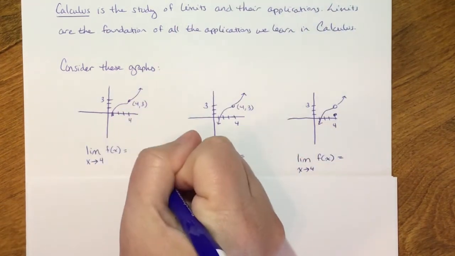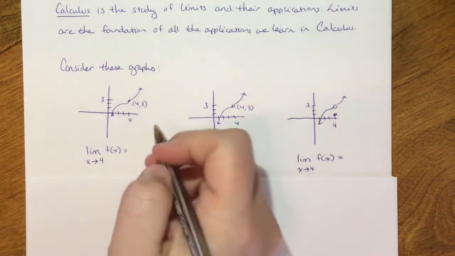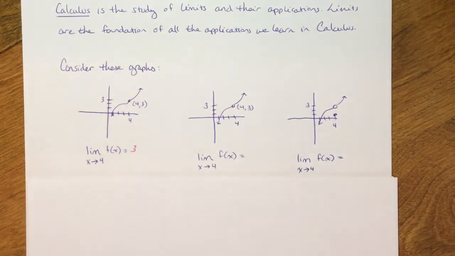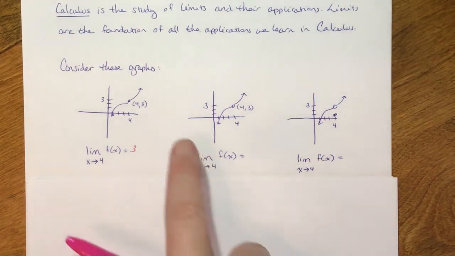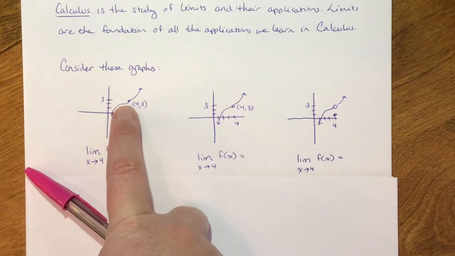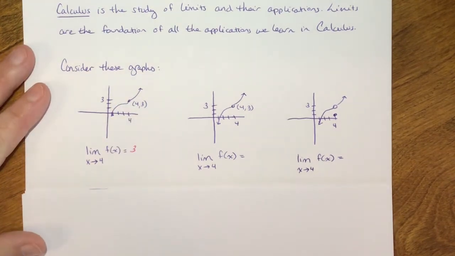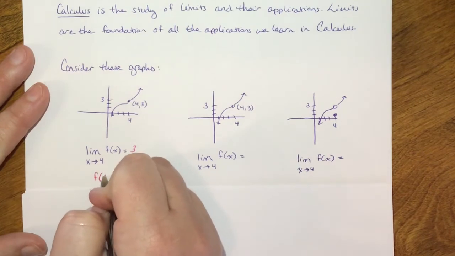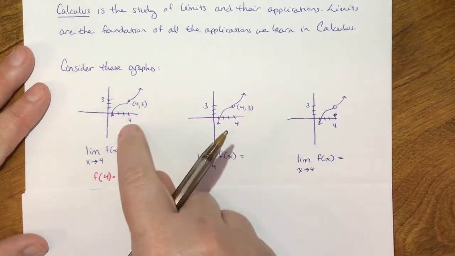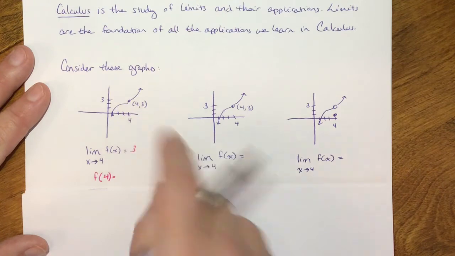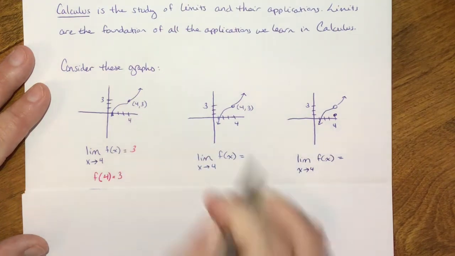So the limit of my function as x approaches 4 is 3. And we can see that's the actual value of the function there too, right? f of 4, the actual value of the function at 4, is 3. I can see because I have a point there, right?